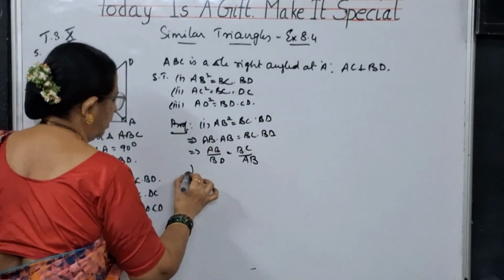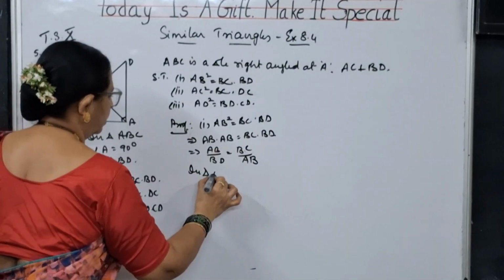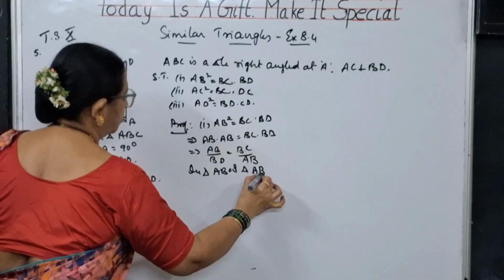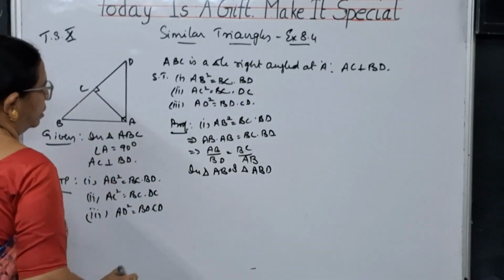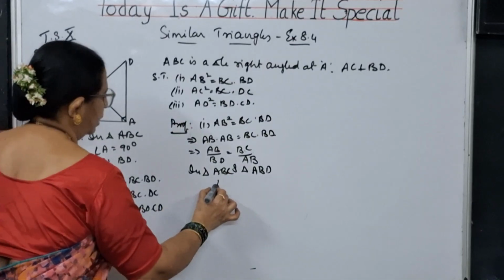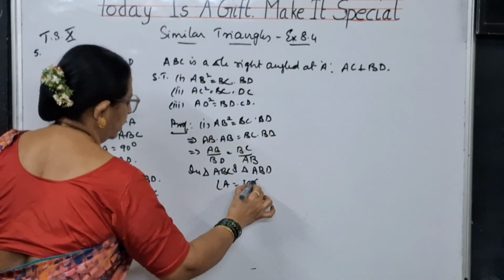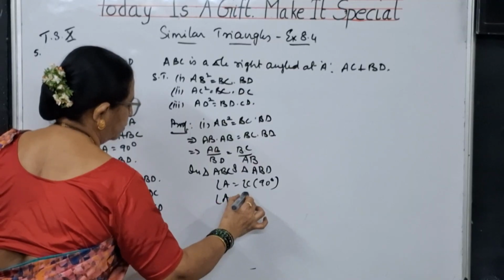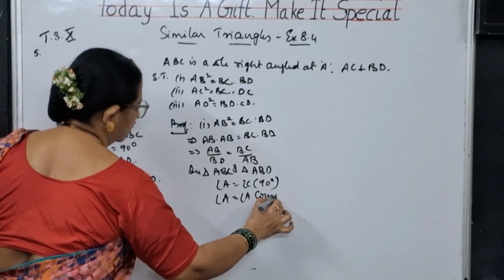So, in triangle ABC and triangle ABD, angle C is equal to angle A, 90 degrees. Angle B is equal to angle B, common.